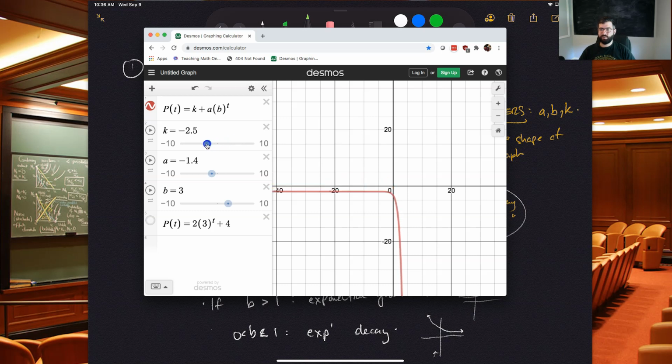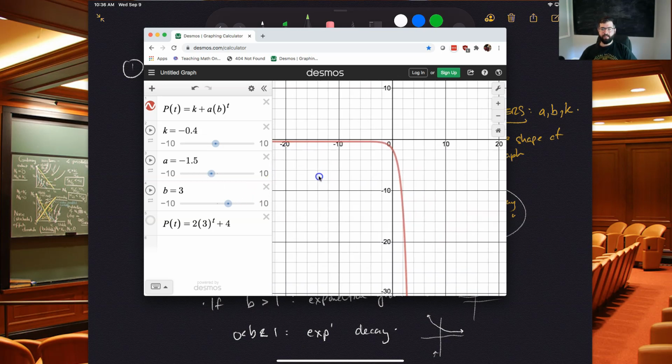So the vertical shift really can't compete with this multiplier. So when a is negative, that flips it across the x-axis. It's a mirroring. So 1.5 to negative 1.5, you can see the difference there.